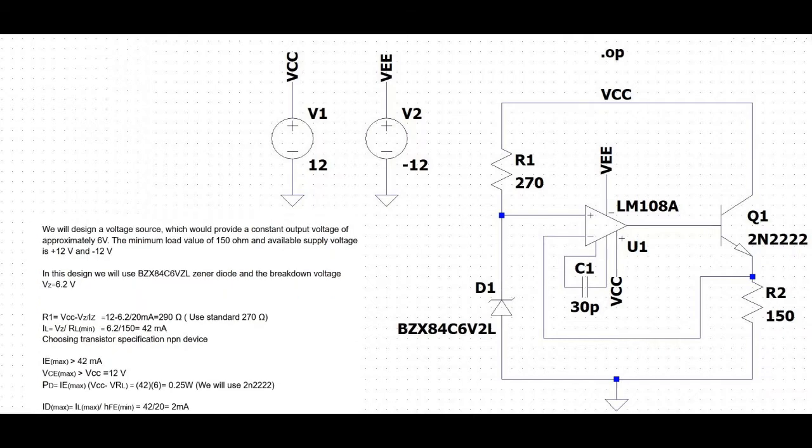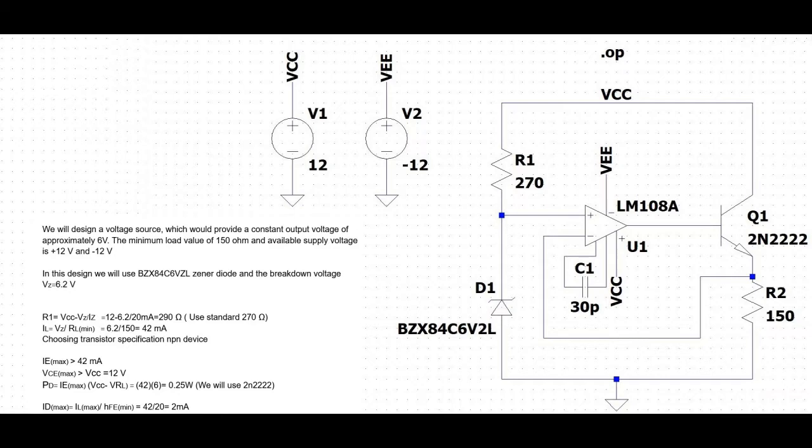We will use the BZX84C6VZL Zener Diode, and the breakdown voltage of this particular Zener Diode is around 6.2 volt.